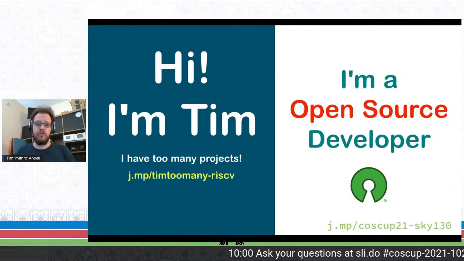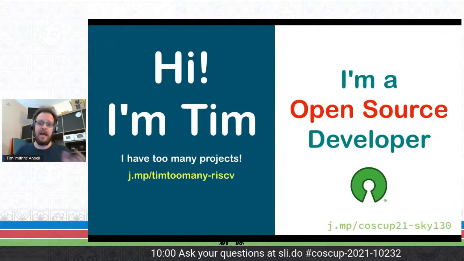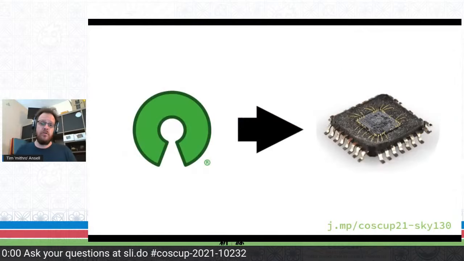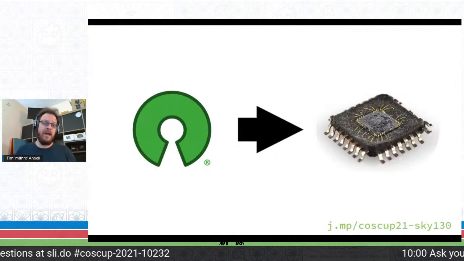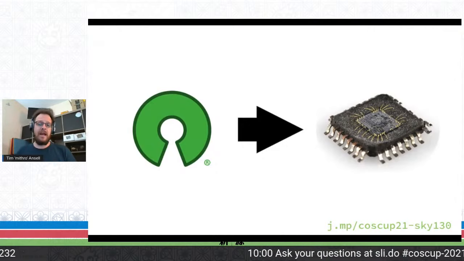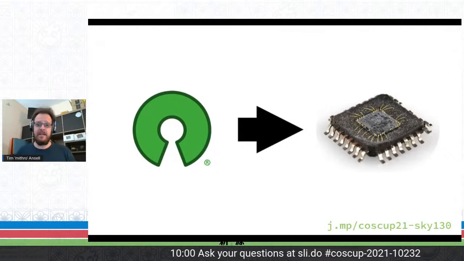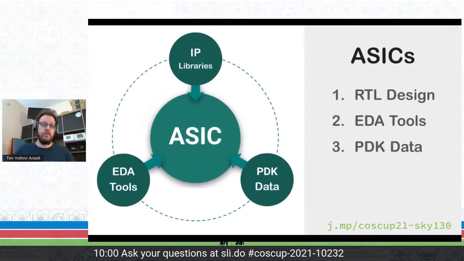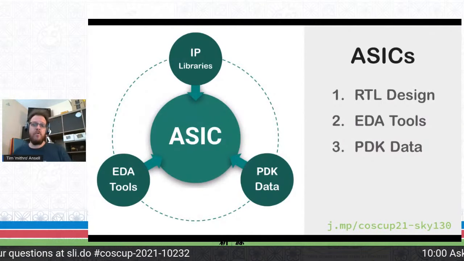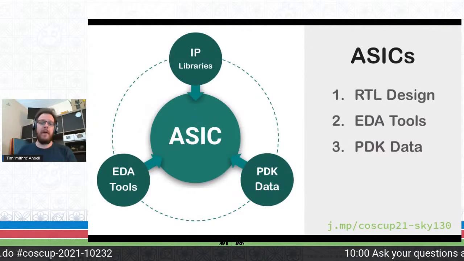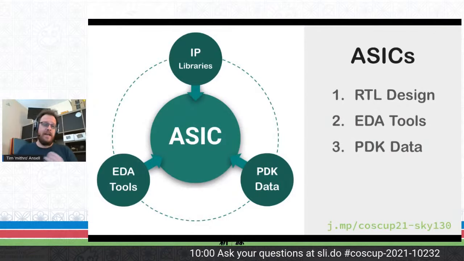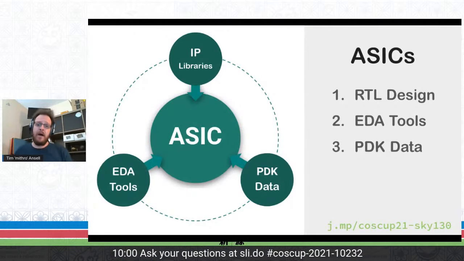So I started to look into how we apply open source to silicon, and particularly hardware accelerator ICs. What do you need to create an ASIC? Well, I kind of divide it into three parts. And the question was, is there open source in these three parts?